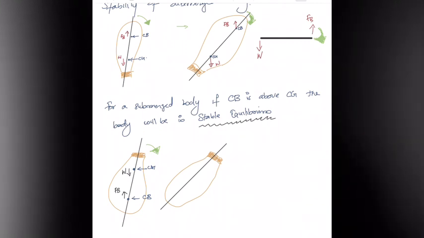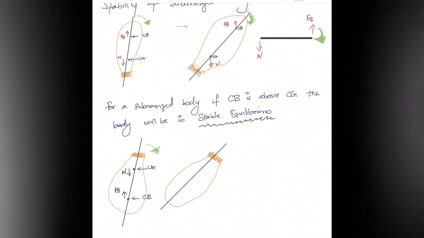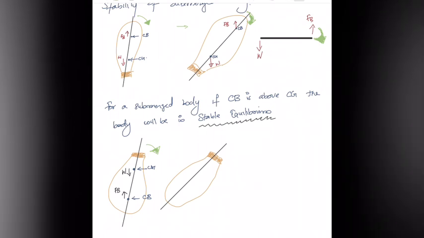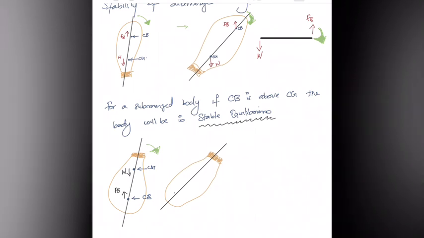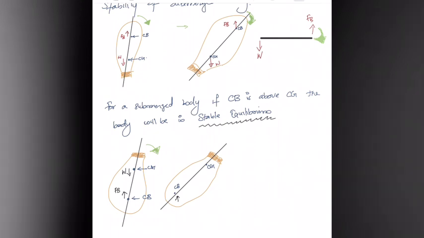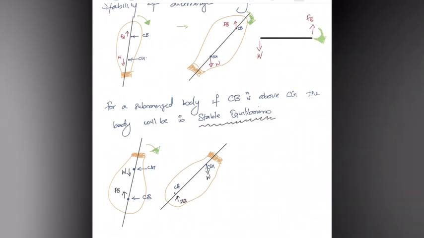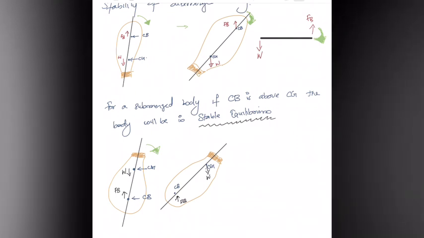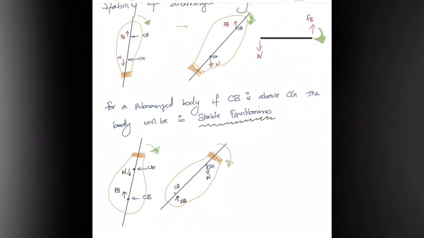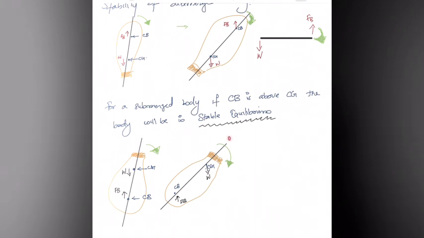Now let us draw that also. We have CB, we have CG. Through CB, FB acts, through CG, weight acts, and the angular displacement forms a clockwise moment represented by this green clockwise moment.